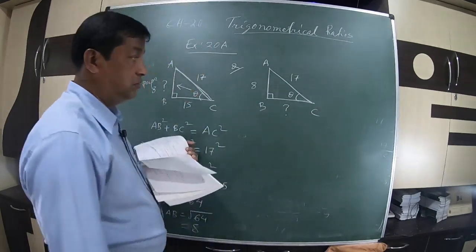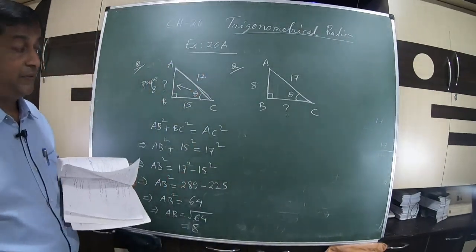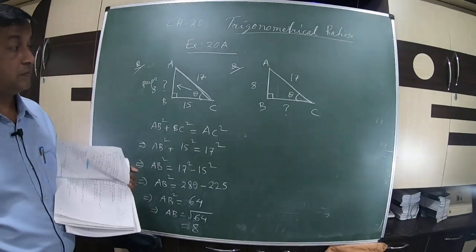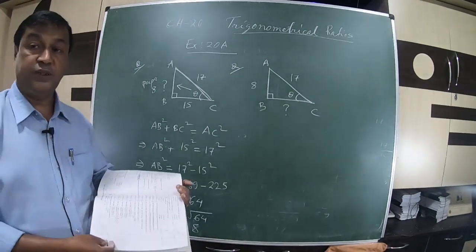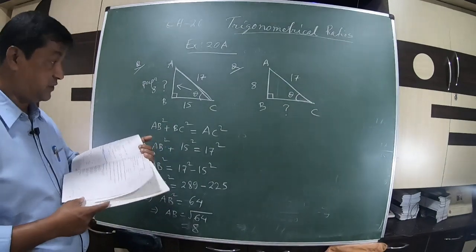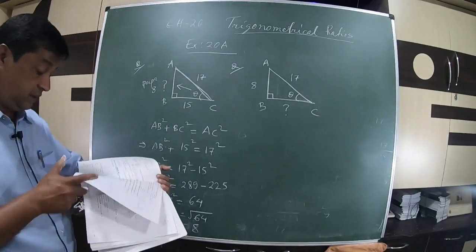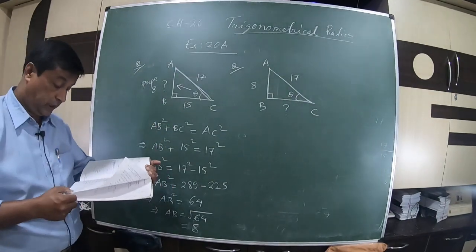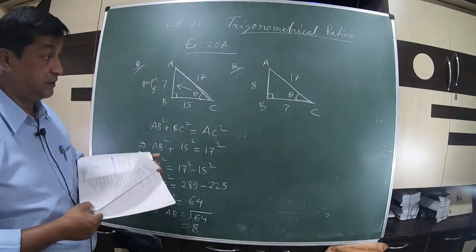Now all of you try to do it and find out the value of BC. Can you just do it? Just try it. Apply the Pythagoras theorem, replace the values and find out the unknown value, that is BC.